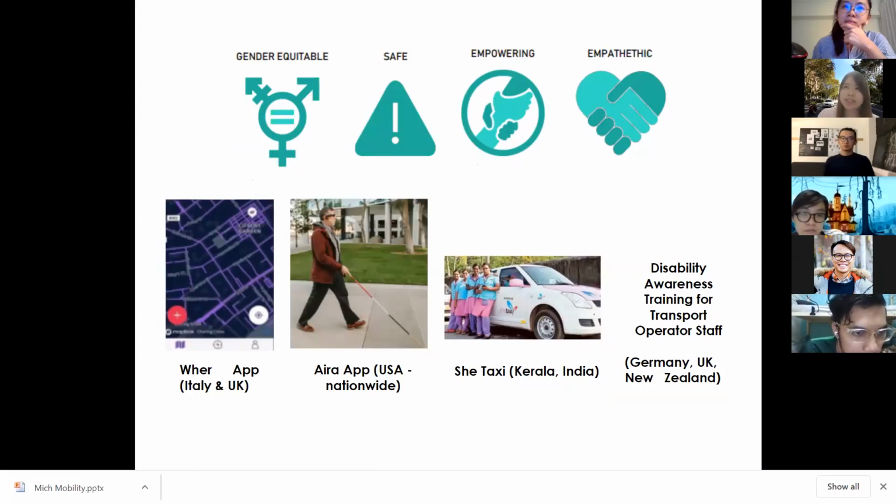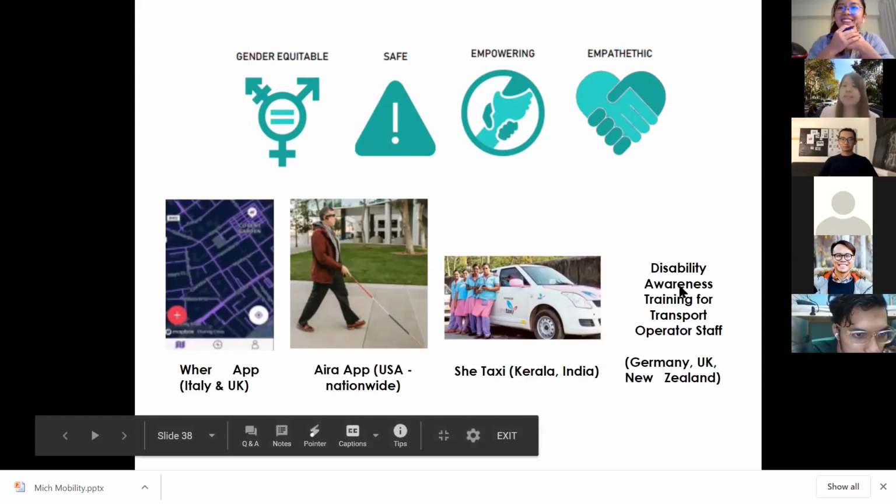So it's particularly useful for a single woman who travels alone, or caregivers or pram users. So they will know if the particular route they choose has any obstacles, and can decide before their journey. And also this disability awareness training for operator staff.